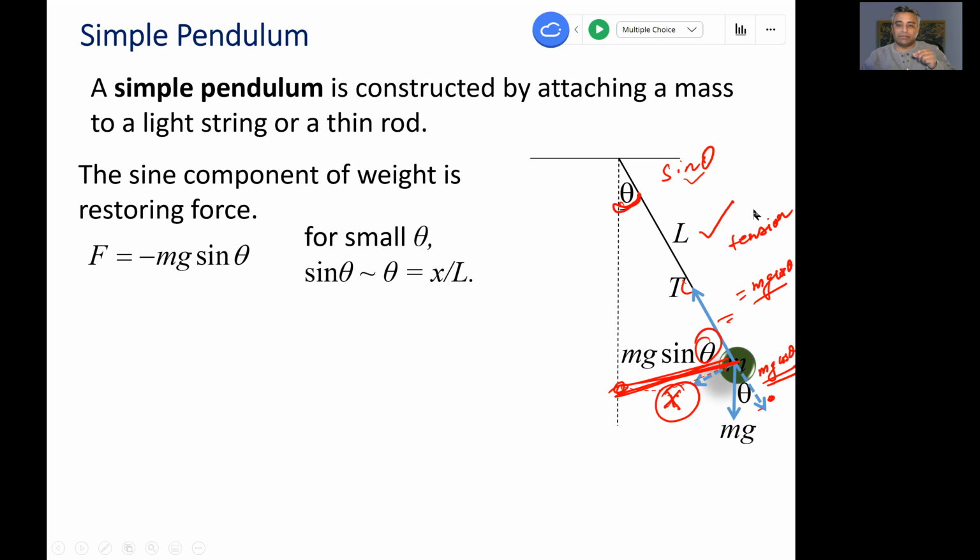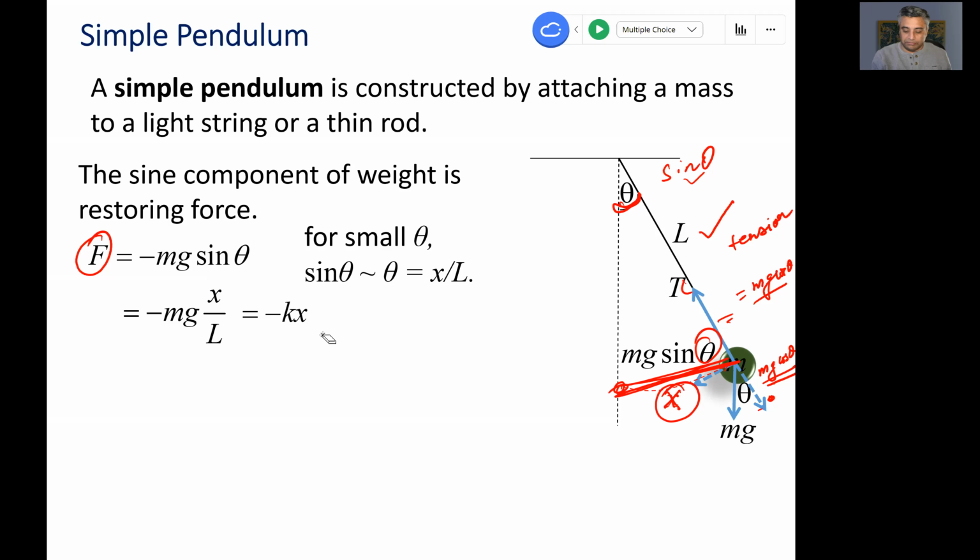So you do not want to go more than 20 degrees. When you convert 20 degrees into radians, it's a small number. So 10, 15 is good. So why do I want to see it like this? Because I know the relationship between force and X. I can use that just like a mass spring system. So that's why I'm doing that.